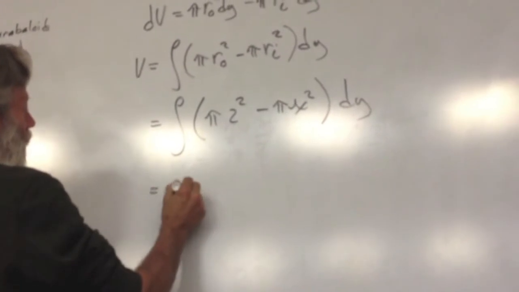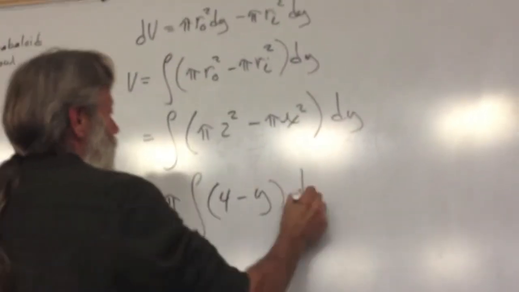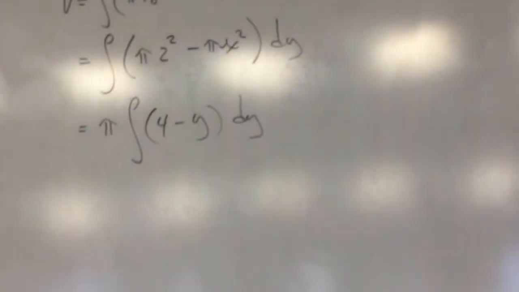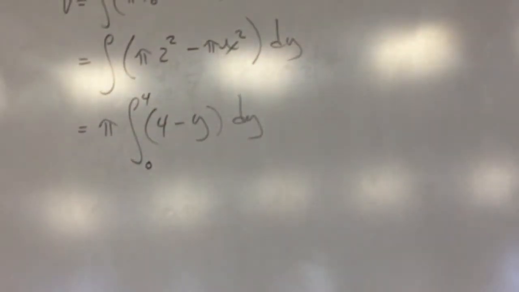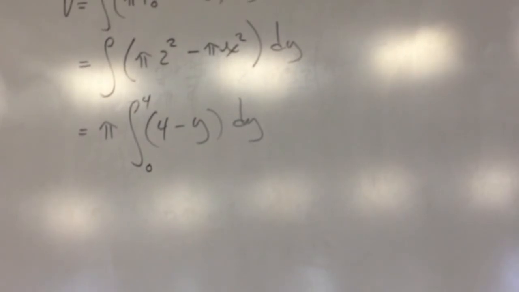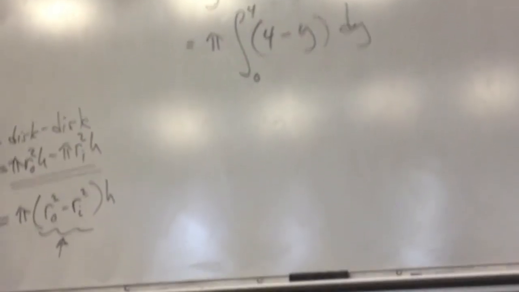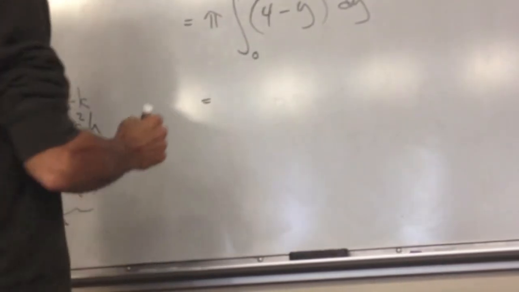So I suppose we could take the pi out, integral of 4 minus y dy, and our y's are going from here to here, so 0 to 4. Amazing how they simplify down. Sometimes there are such nice little integrals. Let's see if we get that same 8 pi out of it though.